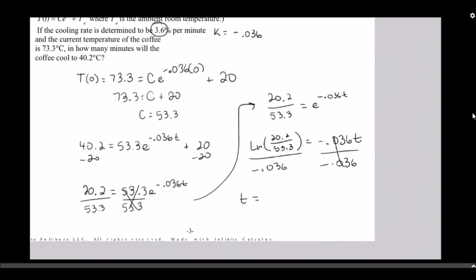So the value of time is equal to natural log of 20.2 divided by 53.3, divided by negative 0.036. If we type that into a calculator, we get 26.95, or roughly 27 minutes.